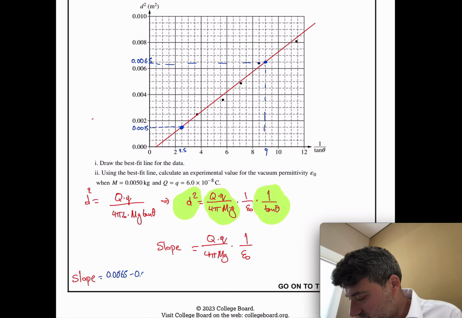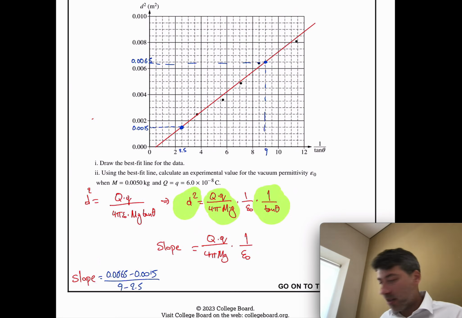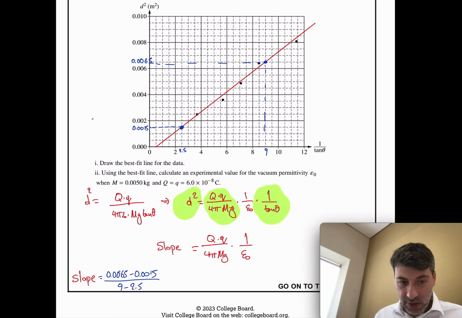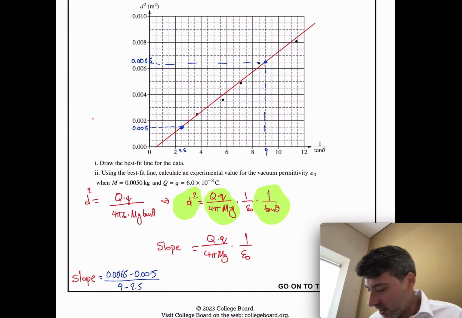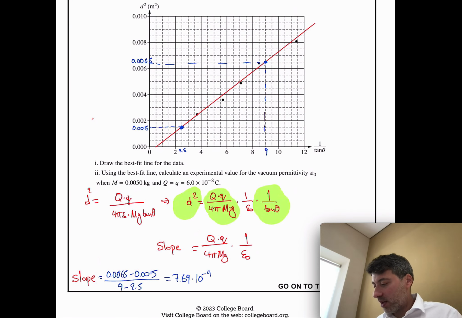So the slope is rise over run, 0.0065 minus 0.0015 divided by the run, which is 9 minus 2.5. Give me a moment for this. 0.0065 minus 0.0015, and this divided by 6.5, where the slope is approximately 7.7 times 10 to the power of negative 4.